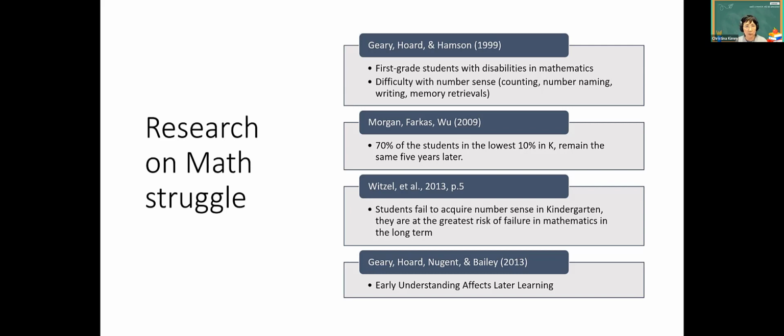So many students with mild to moderate disabilities will experience that. They try hard, fail, try hard, fail, then eventually they will not try at all. And about the math, this one has a little bit of a good side for us. This is for first grade students with disability in mathematics, and they have trouble in counting, naming and writing numbers, and memory retrieval.